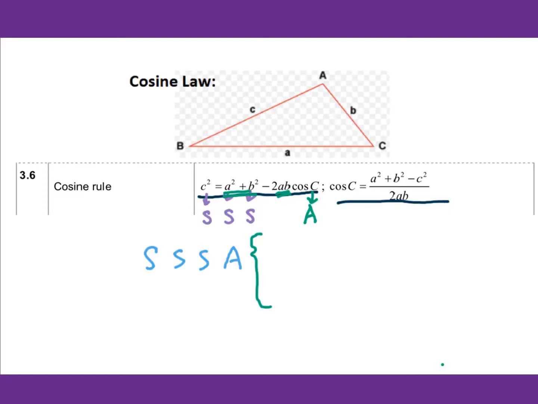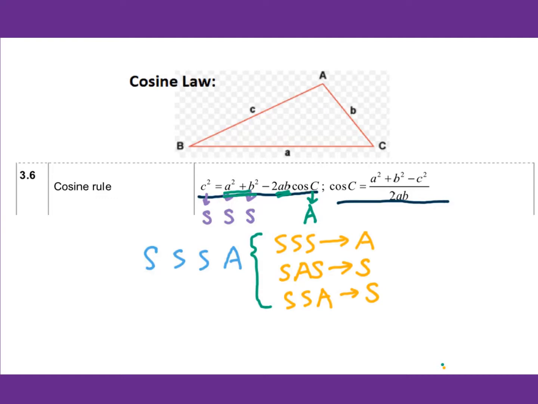Therefore, in these three situations, we are supposed to use cosine law. If we are given three sides and looking for an angle, we use cosine law. If we are given SAS and looking for a side, we use cosine law. If we are given SSA and looking for the remaining side, we use cosine law.